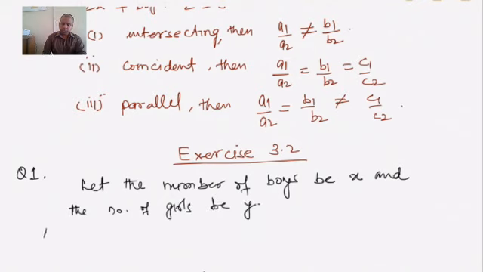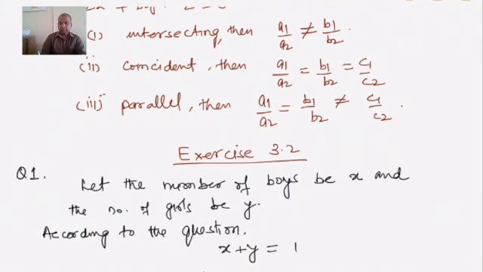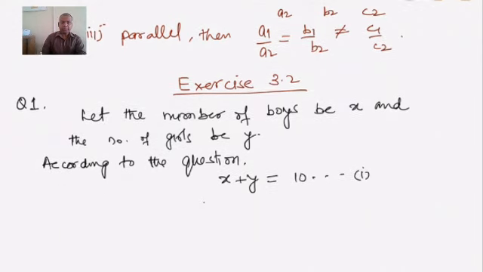So according to the question, the total number of students is 10, that means x plus y is equal to 10. Let it be equation 1. Also the number of girls, that means y, is 4 more than the number of boys, that means y is equal to x plus 4. Let it be equation number 2.